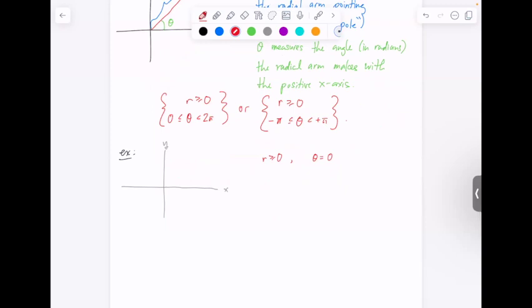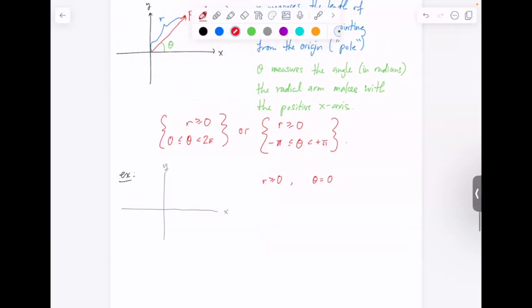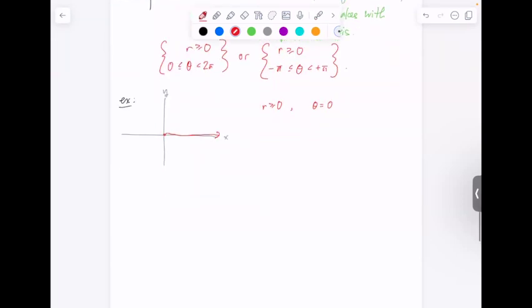Is this the x-axis, the y-axis, part of the y-axis, part of the x-axis? Is it a straight line? Is it a circle? Well, if you make an angle theta equal to 0, you're making an angle of 0 degrees or 0 radians with the positive x-axis. So you're lying entirely on the positive x-axis here.